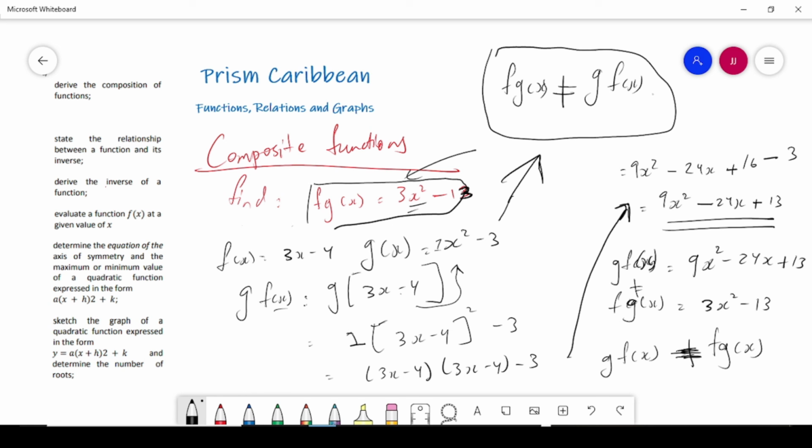Make sure and go over the content. Make sure you understand what's going on before you move on, because functions is one area in which you need to get your marks. It's a very, very simple topic. Questions are usually straightforward, and a lot of practice is needed for such topics, right?